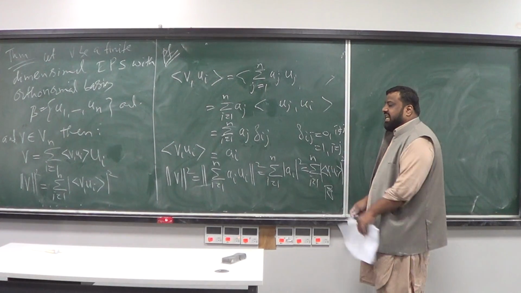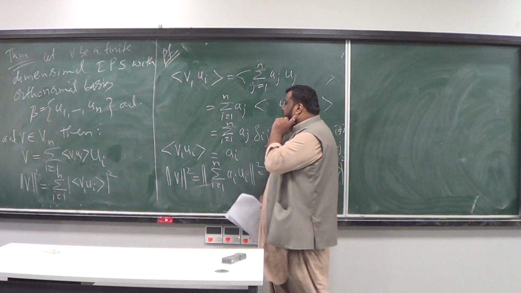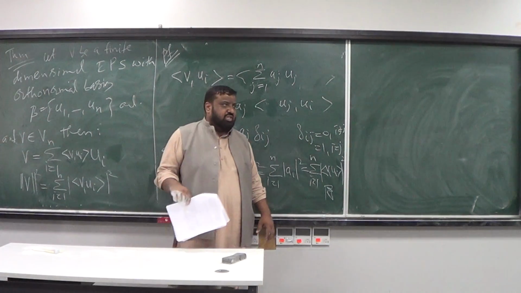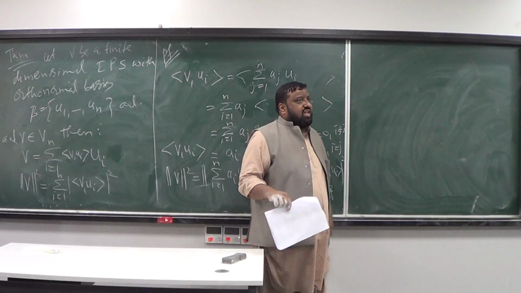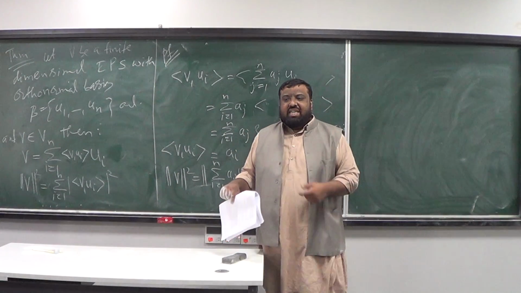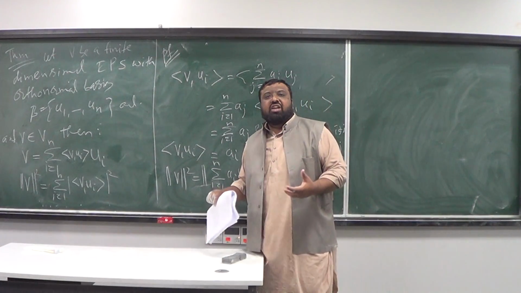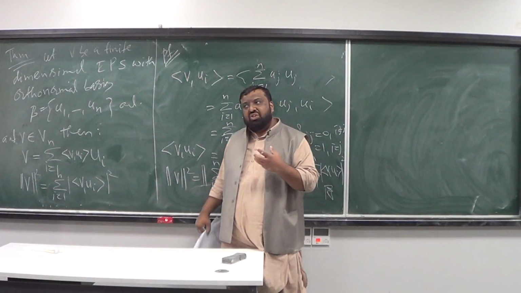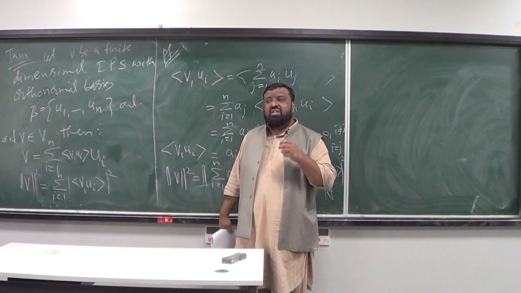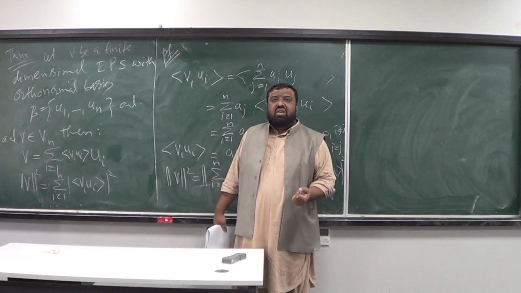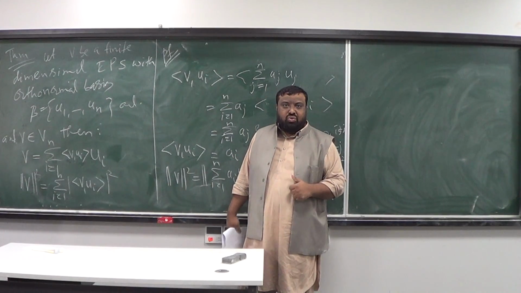Imagine I have been given an inner product space where I have some geometry problem that I would like to solve. And I know that my geometry problem is going to be difficult if I am solving it with the kind of bases that are not orthonormal. Then what to do?